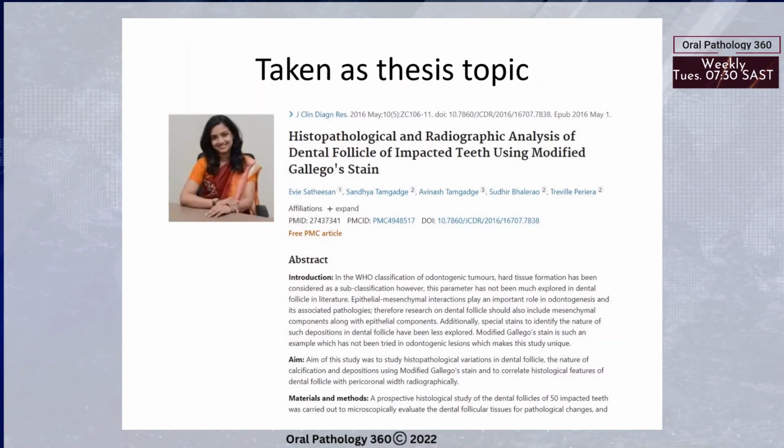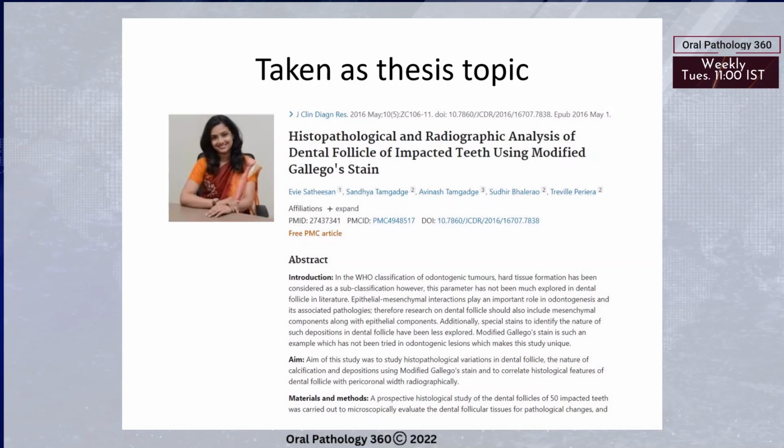Then after that, successfully using this stain in odontomas, we took this topic as a thesis topic. I gave this topic as a thesis topic to my student, on the dental follicle.